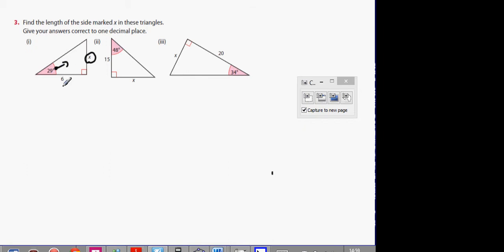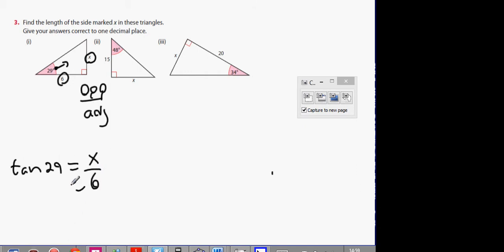Compared to the 29, what side is X? Opposite. And what side is 6? Adjacent. Opposite over adjacent. What function is that? Tan. Tan 29 equals X over 6.